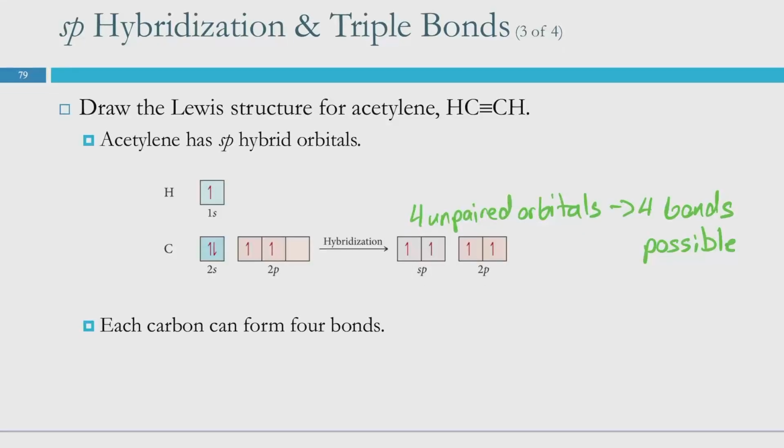And our Lewis structure for acetylene has a triple bond between the carbons.